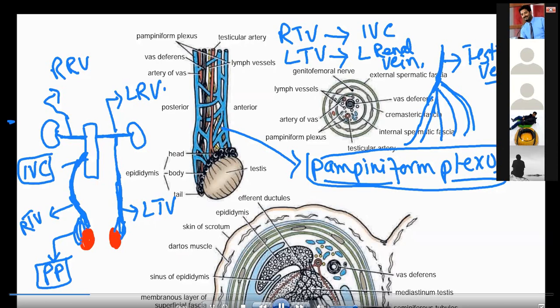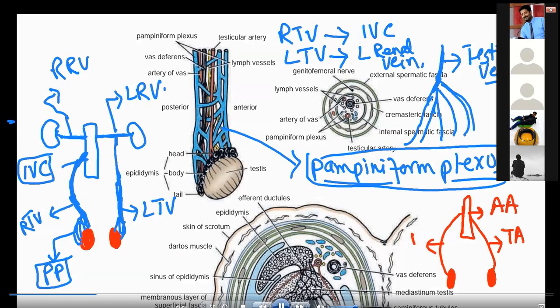Now see, if I draw here the blood supply of the testes, for example, this is our abdominal aorta. So the right testis and the left testis both take their blood supply directly from the abdominal aorta. You can say these are your testicular arteries.